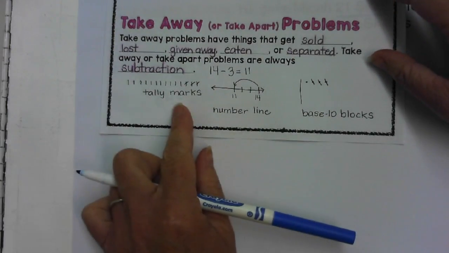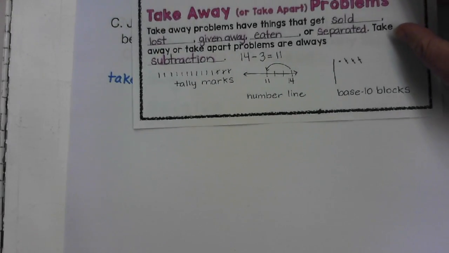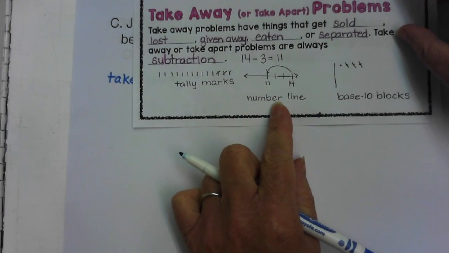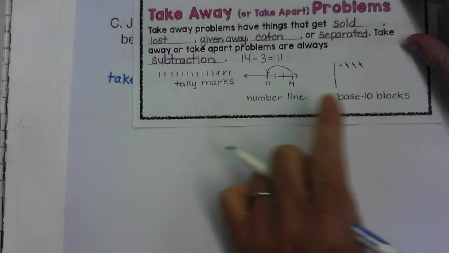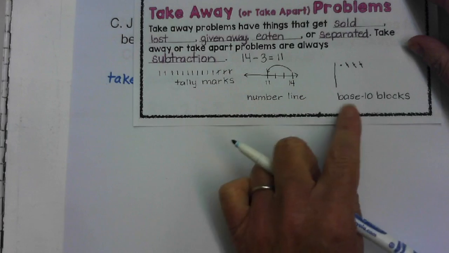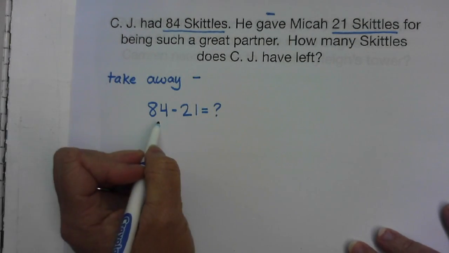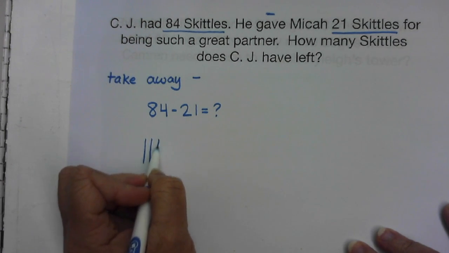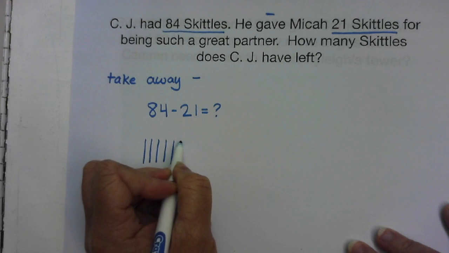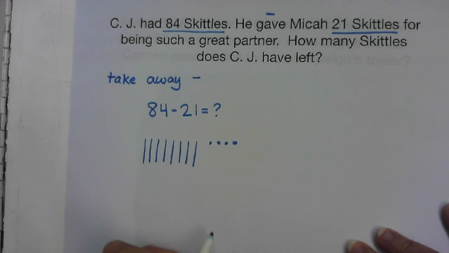We can use tally marks. I don't really have any interest in drawing 84 tally marks. We can use a number line, which is my favorite, but the students are not quite here yet, all of them, or base 10 blocks. So I'm going to model both of these really quickly for you. When we do subtraction, we model only our first number, what we're starting with. 30, 40, 50, 60, 70, 80, 84.